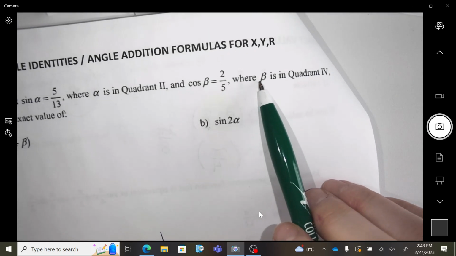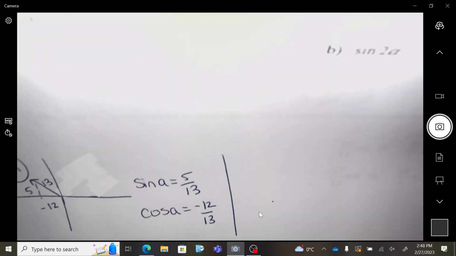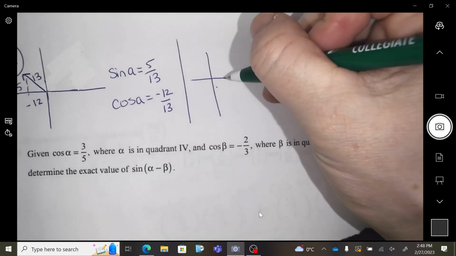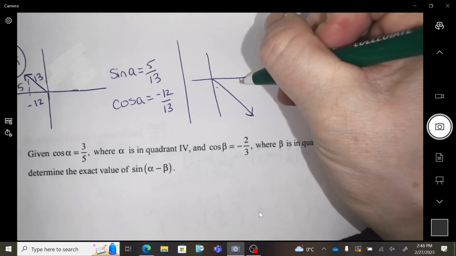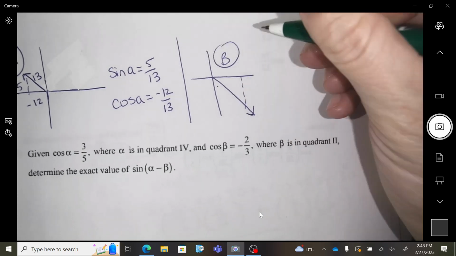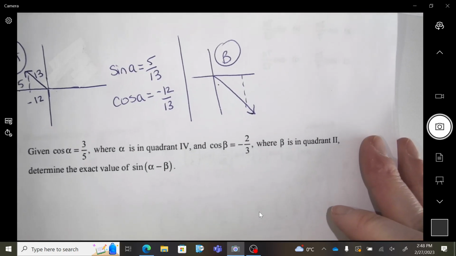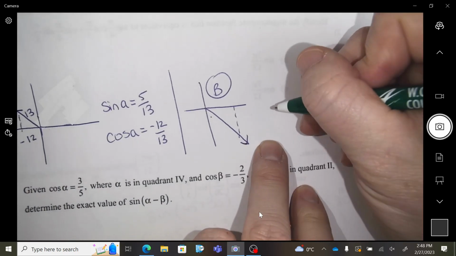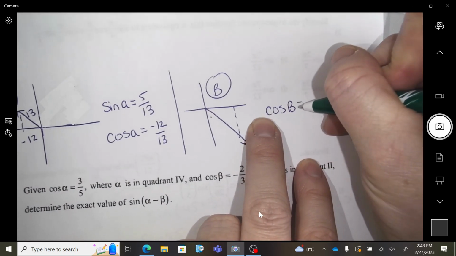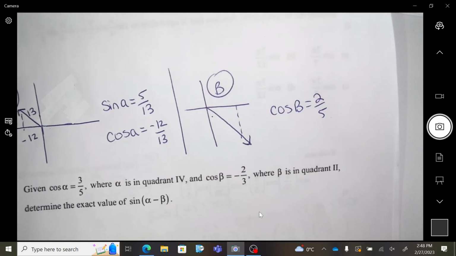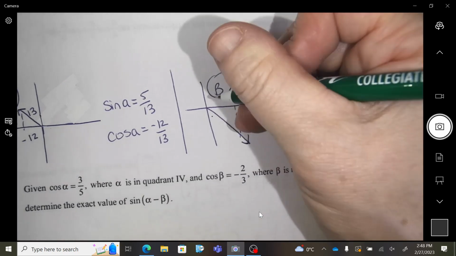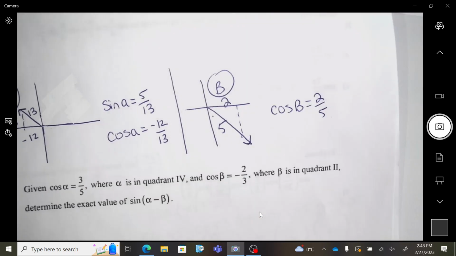So angle B is in quadrant 4. Hopefully I draw that in the correct spot. Angle B is in quadrant 4. We were told the cos of B is 2/5. So there's a 2 and a 5 on the triangle.